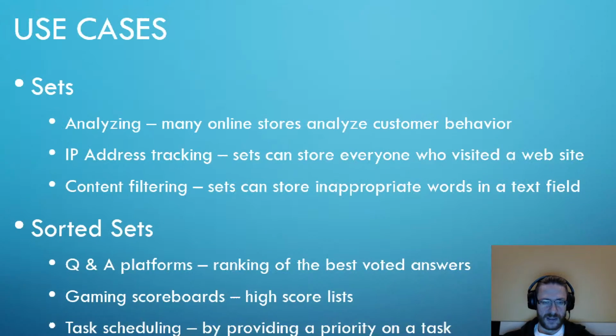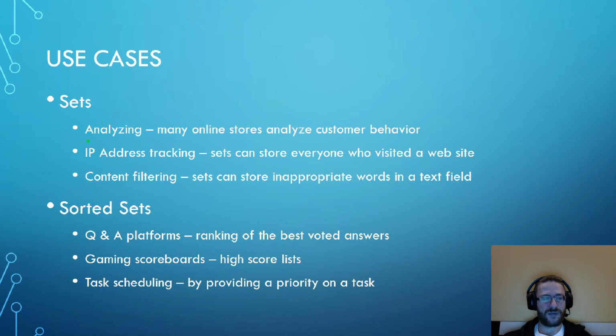Sets. Sets are used for analyzing. Many online stores analyze customer behavior. So each customer behavior may be put on a set. For example, this user has clicked add to cart. This user has clicked the following item. This user has purchased the following item.